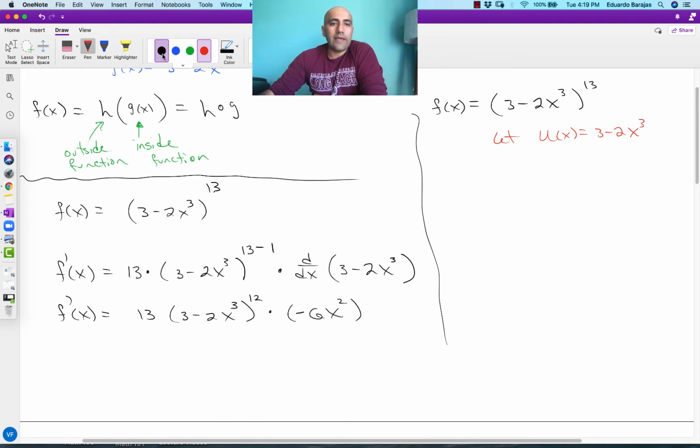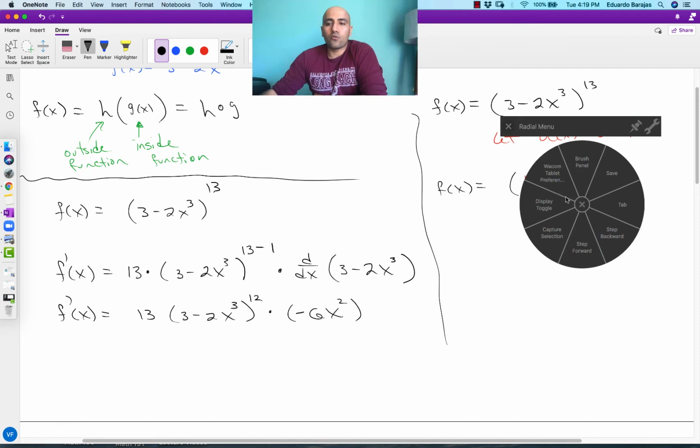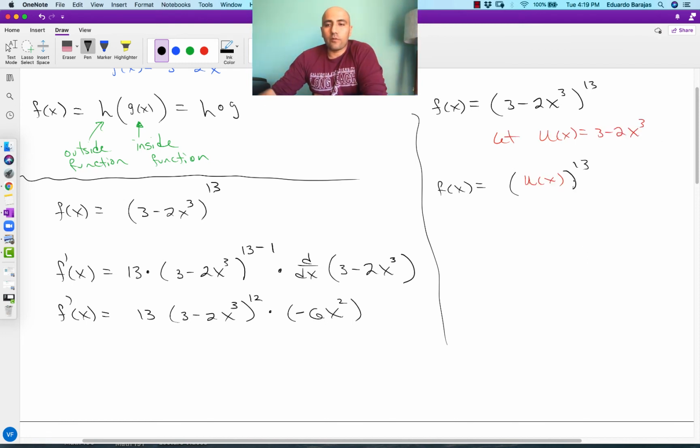And now I can rewrite this as f of x is really equal to u of x raised to the power of 13. So now it looks just like our rule in our book. And so the general power rule says that the derivative of this function is going to be equal to 13 times that u of x raised to the power of 13 minus 1, which is 12, times, and now we have to take the derivative with respect to x of the u of x function.